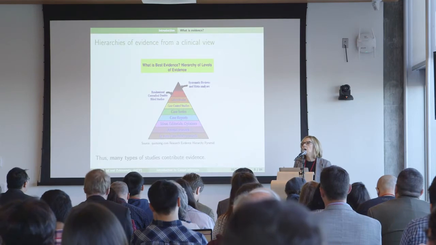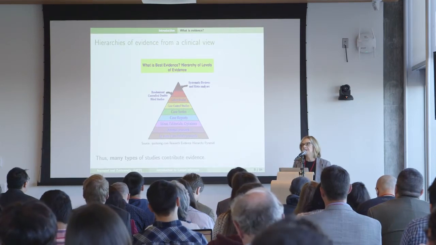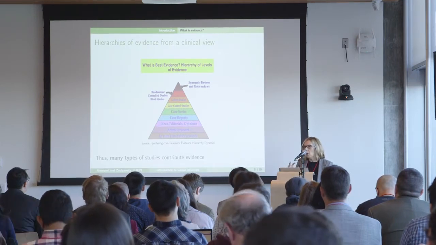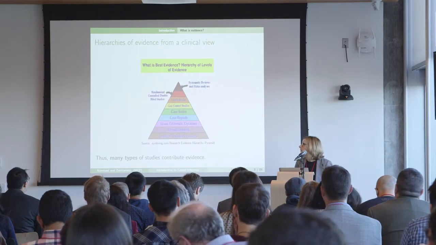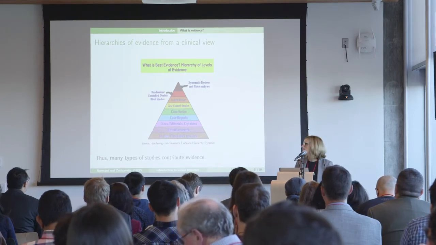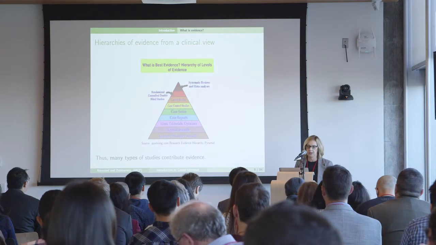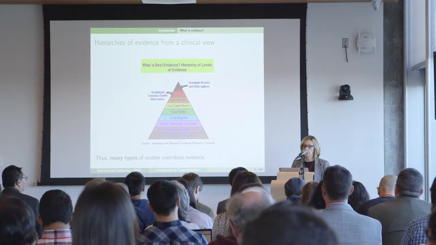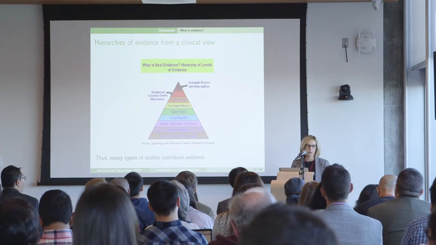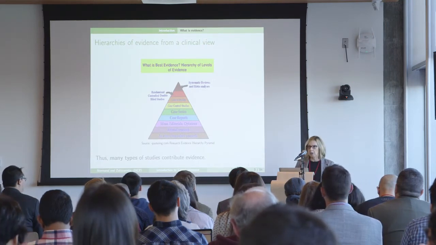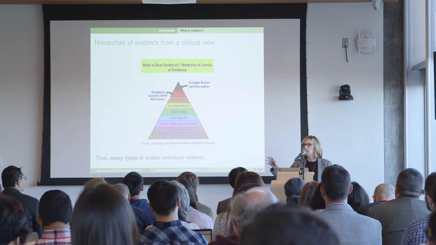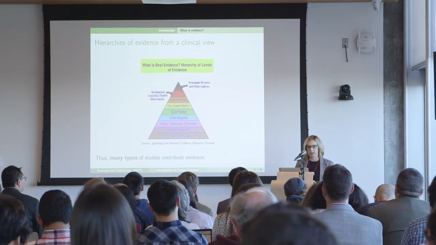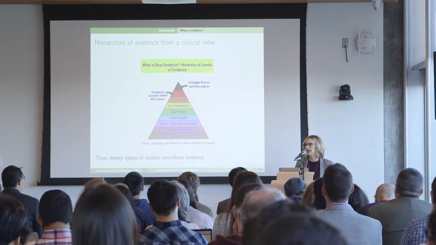One may think that the quality of evidence is different, but it really depends how well the study's been done. The point here is many types of studies contribute to evidence, whether observational, randomized, or looking in animals, when you want to make an inference about human beings.